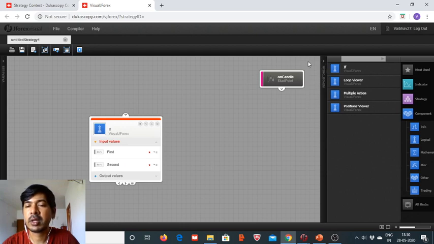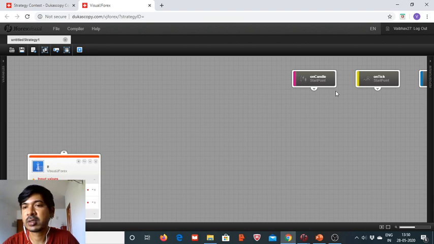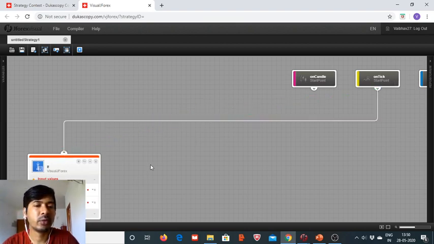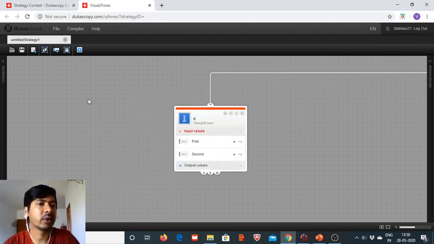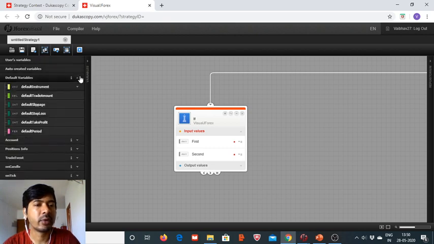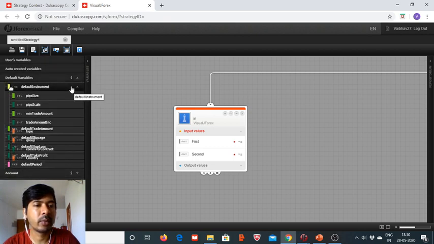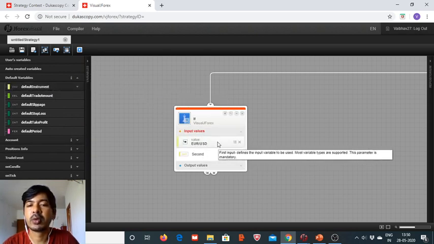So here we start our day, fresh setup, fresh trade, and we use on tick as the start point. First thing we will need to do is get the default variable, the default instrument, and the default instrument is set at Euro USD.